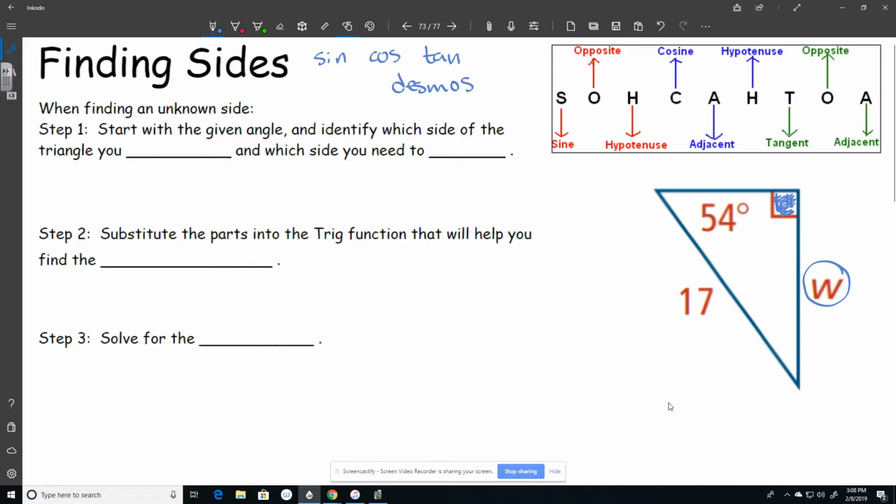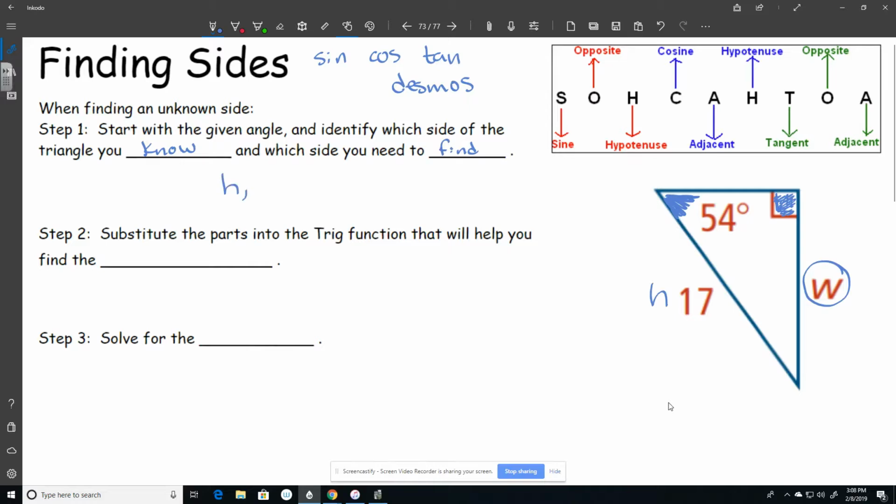So step 1 is we're going to start with our given angle, this 54 degrees. That's my given angle. And I want to identify which side of the triangle I know and which side I need to find. So when I look at my triangle, here's 54. The 17 is the side that I know. That's my hypotenuse.